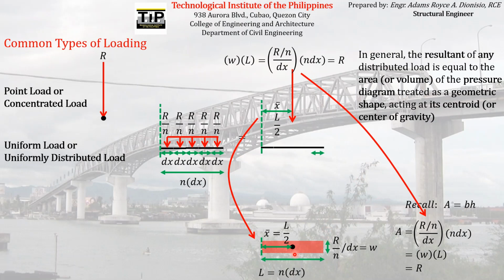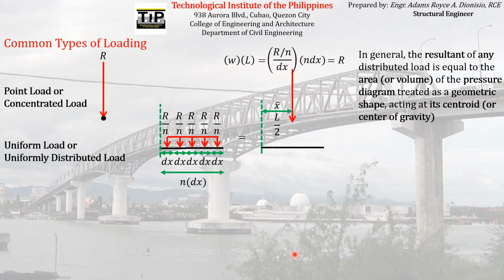So try natin i-apply yung technique na buo natin yan. Say for example, meron ako ditong distributed loading ulit. Several forces acting on this length. Say for example, length L. Meron akong distributed loading acting on a surface or length. Pero yung magnitude ng mga load na nakadistribute, obviously, hindi na siya equal or pare-parehas.